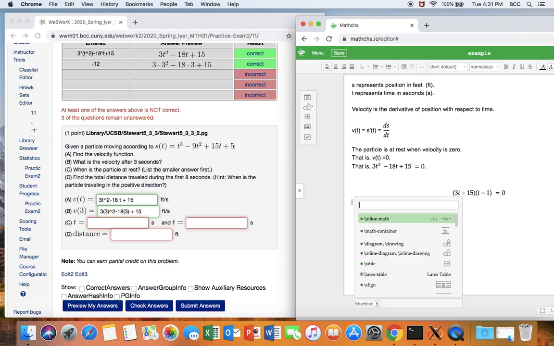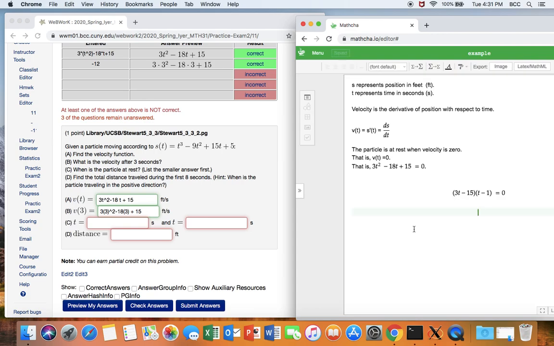How do I solve for this? I solve for this by setting each factor to 0. So t minus 5 is 0 or t minus 1 is 0.